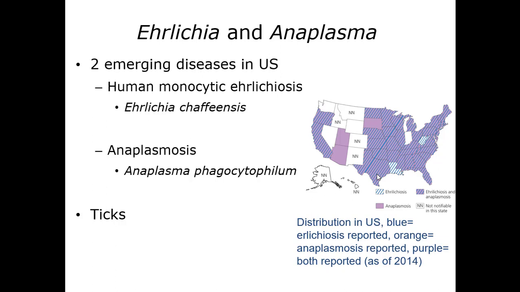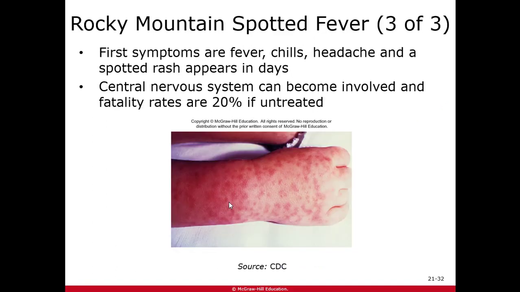Now, they are intracellular parasites. The name Anaplasma phagocytophilum tells you that phil means like, phagocyte, the eating cells, so this is a bacteria that actually lives inside of phagocytes. It is also spread by ticks. It's also going to damage blood vessels, so you're going to have those same symptoms: the fever, the chills, the headache, and the spotted rash.